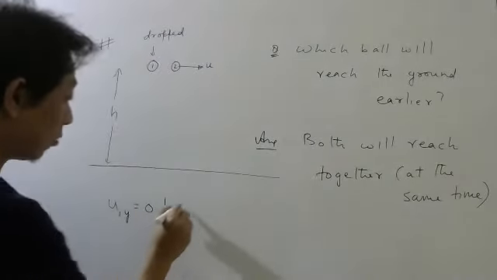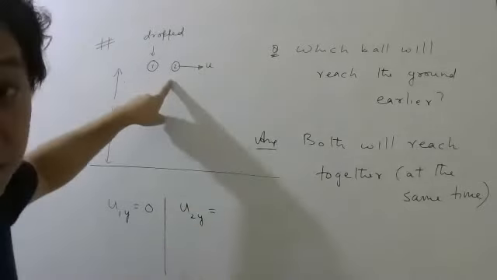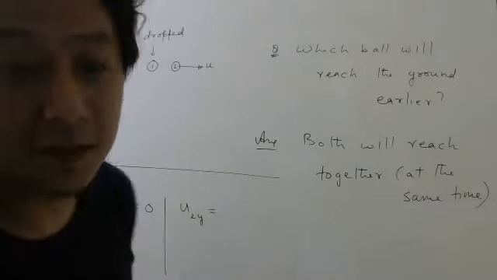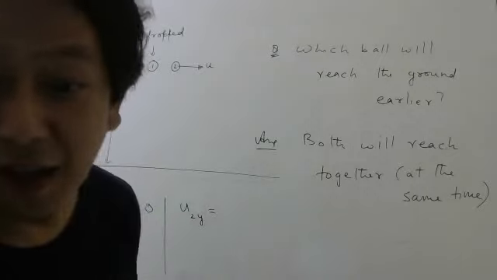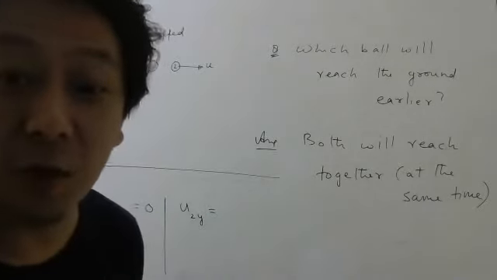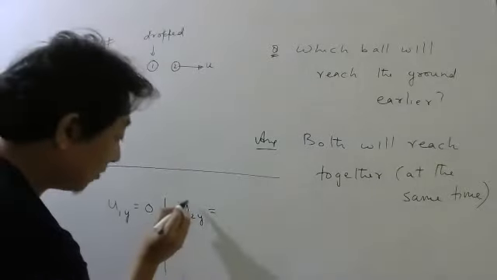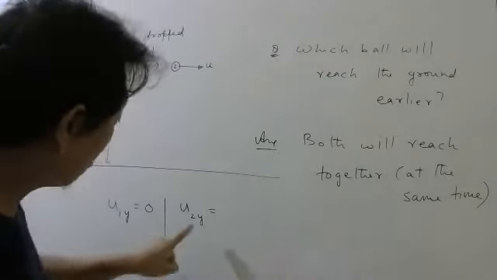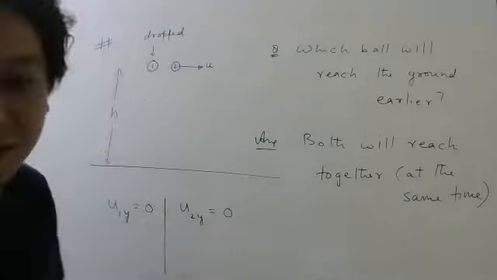Now tell me, what is the y component of the initial velocity of ball number 2? Ball number 2 was thrown along which axis? X axis. So what will be its y component? 0. That means even for ball number 2, the y component of initial velocity is 0.